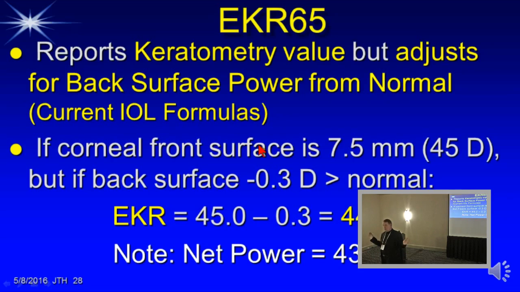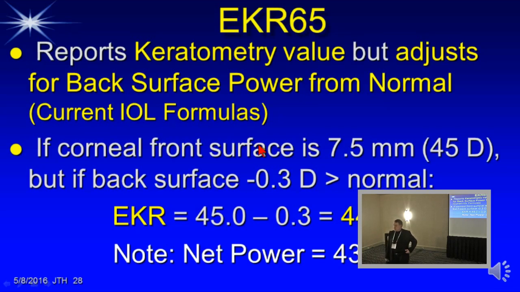Now that's backwards to what we thought. But it turns out when you look at large studies, I've done it with Alcon, I've done it with P&L, and I've done it with AMO in their FDA studies, and what happens is the cornea, a lot of which is on the back surface, ends up flattening by another quarter of a diopter of against the rule, in addition to the quarter of a diopter on the back of the surface that was there to start with.